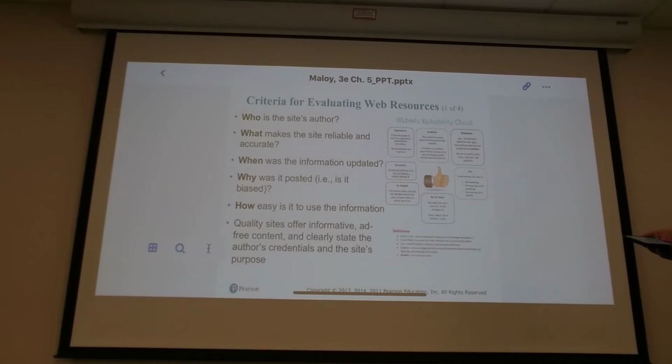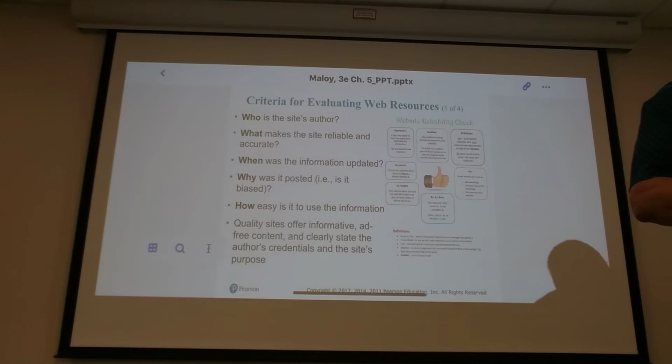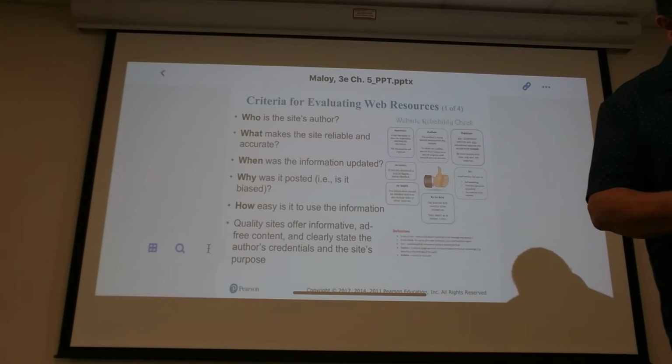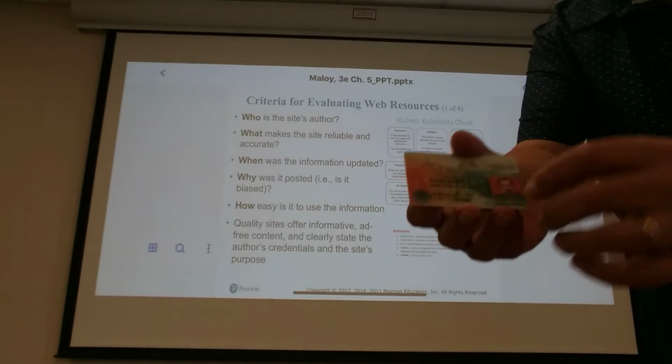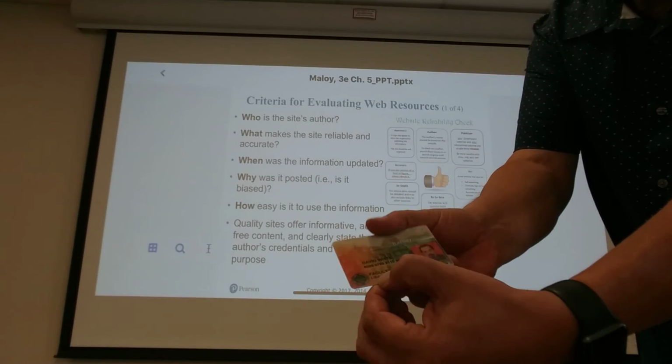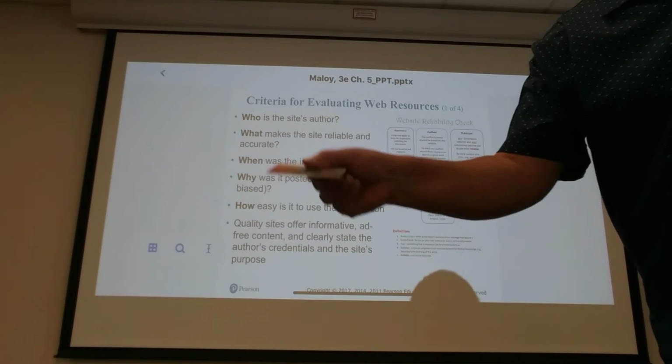So we want to try to go to these really good places like Google Scholar and your library. Your library is your friend, and it's all online too. If you look at the bottom of your card, I've got to get a new one, but right down here, I hope you can see that, it says lib number.